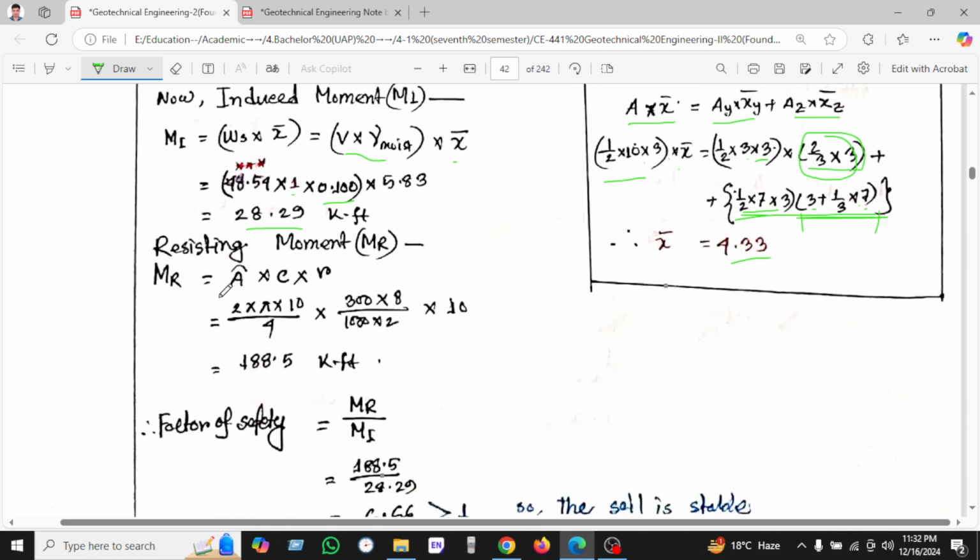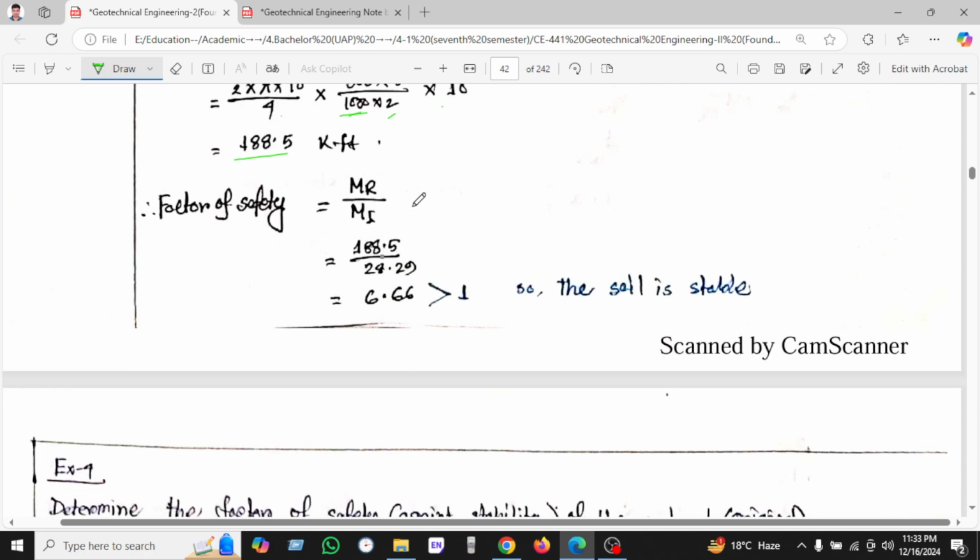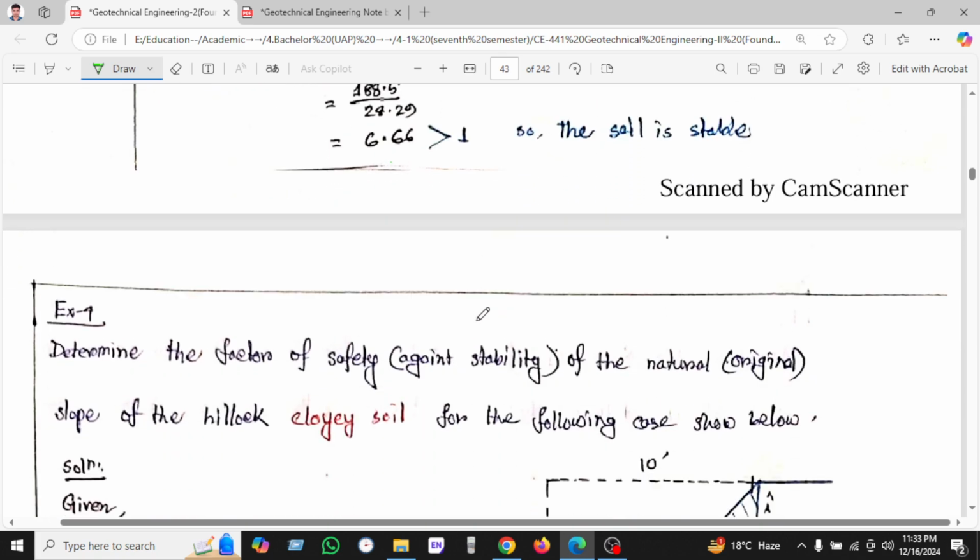And resisting moment we know, perimeter zone, which is 2 pi r divided by 4, and c is we have found 310 into 2. We are dividing by 100 because we are taking the pound to kip, and r is 10, and found 188.5. So resisting moment divided by induced moment is greater than 6.6, so this is stable.